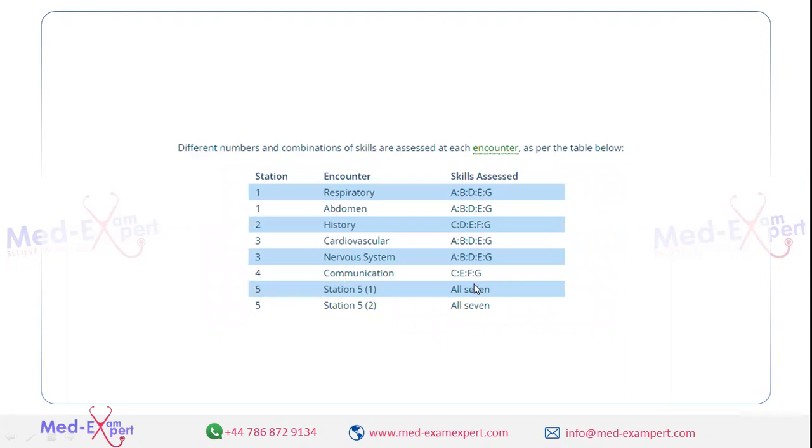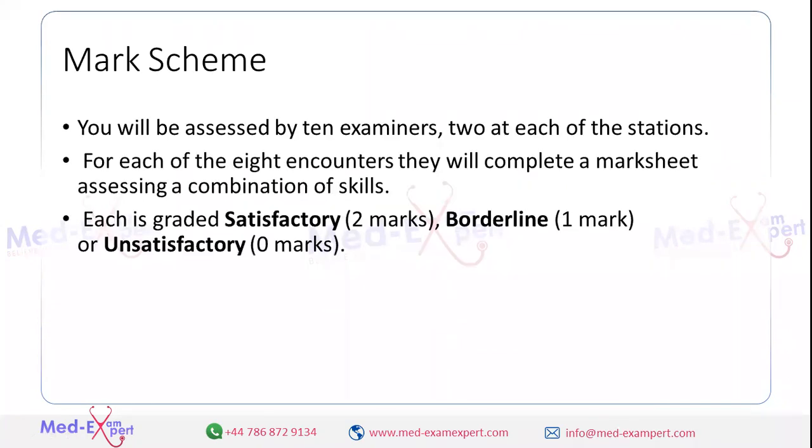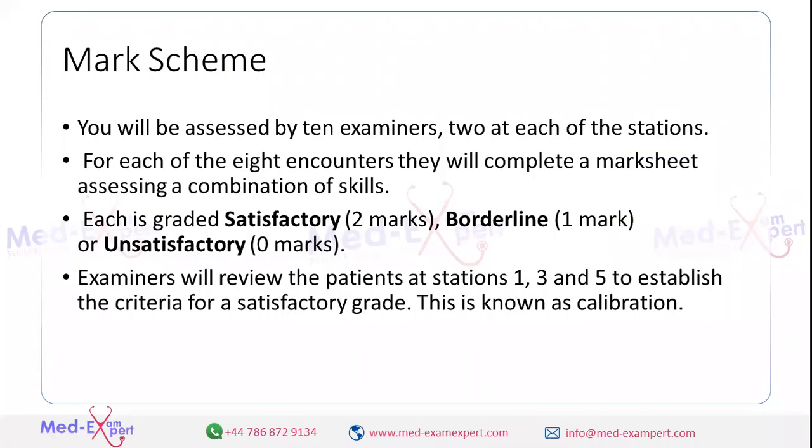I think we're not going to go into much detail on the PACES encounter. In each station we have 2 examiners, examiner 1 and examiner 2. So for 5 stations you have 10 examiners, and each examiner will grade 0, 1, or 2. 0 is unsatisfactory, 1 is borderline, and 2 is satisfactory. When you combine the marks of all 10 examiners, you get the final score.